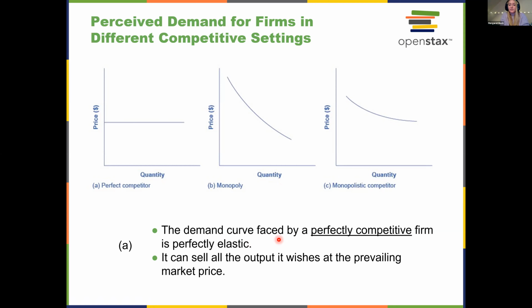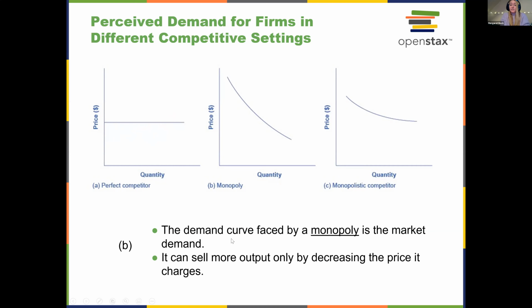The demand curve faced by a perfectly competitive firm is perfectly elastic. It can sell all the output it wishes at the prevailing market price. If it tries to deviate from this price, then people can be very responsive to that price change and say, if you're going to charge a little bit more, I'm not going to buy from you because the person down the street selling the exact same thing as you is charging something less.